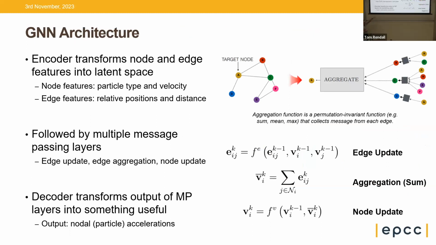So you have this edge update here, which is some function of the edge features, so the distance and the two nodes that connect the edge, and then you have this aggregation part too. If you combine the edge update and the aggregation, that's exactly the same as the SPH convolution operator. So there are some real structural similarities there. Slightly different to the previous talk, rather than just solving the pressure Poisson equation here, we're looking at solving the entire right-hand side of the momentum equation.